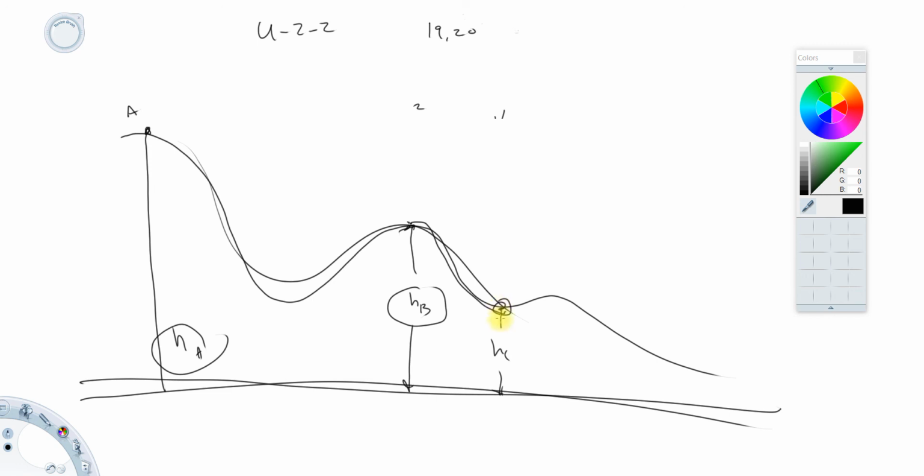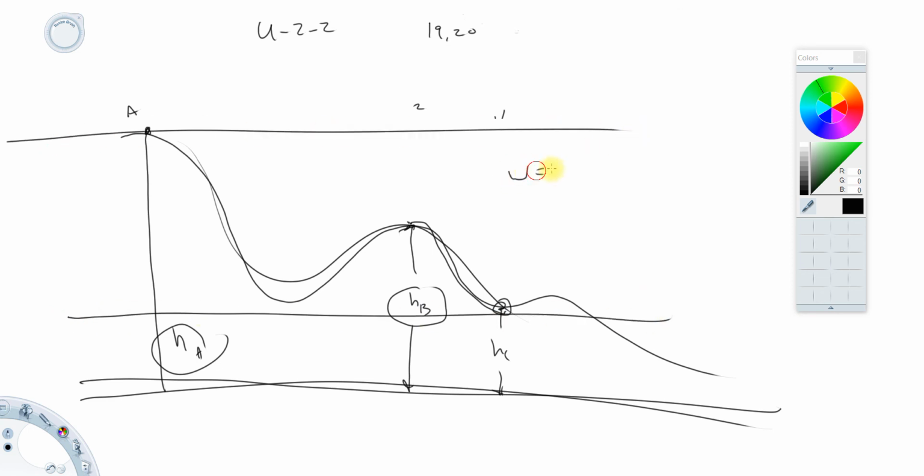Okay, part B, where it says what is the work done by the gravitational force when it moves from A to C? There's a couple ways to calculate that. Here's one. Work is force times distance. The distance you need is this vertical displacement right there. And the force is the weight mg.